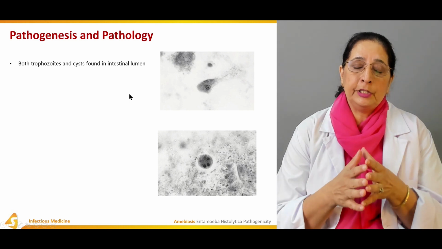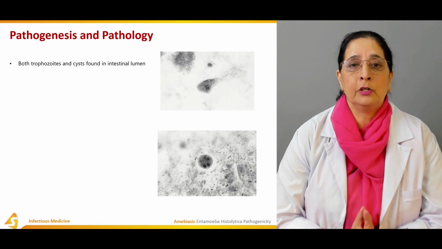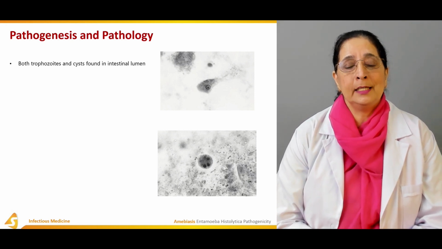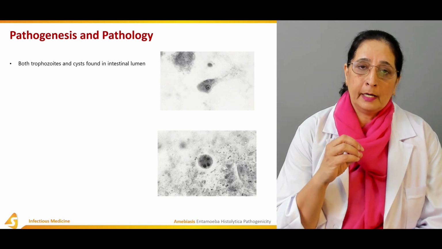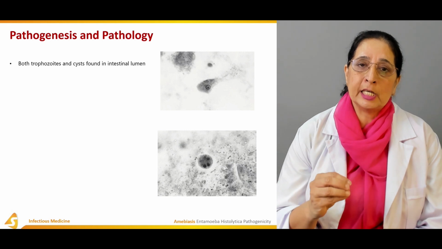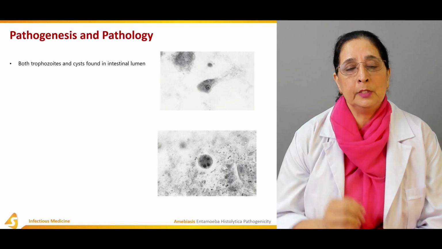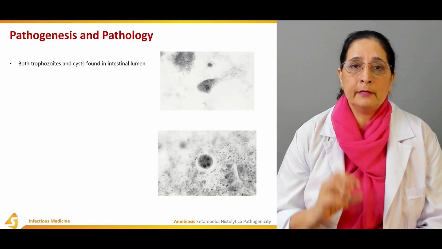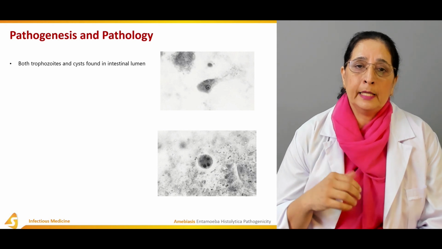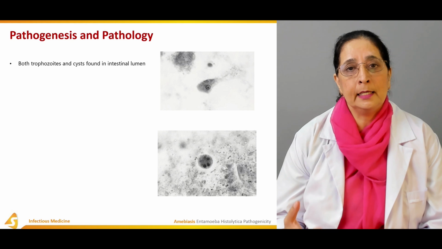In the first section, we went over the life cycle and the transmission of Entamoeba histolytica, and we know that the cysts are released in the feces and then ingested. The cysts go into the intestine and cause invasive disease of the intestine, and later colonization can occur in the liver and the lungs.